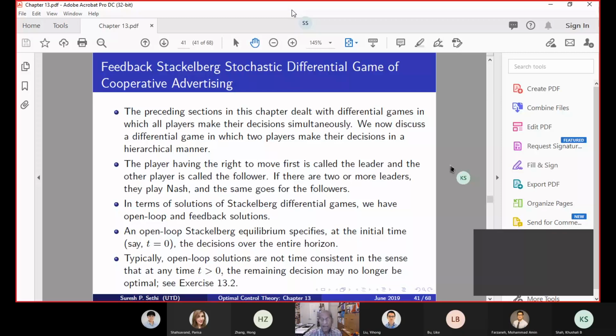We show that if you have a 2-period supply chain, a single-period supply chain in our literature is a Stackelberg game, because in a single period there's a manufacturer or supplier and there is a retailer.